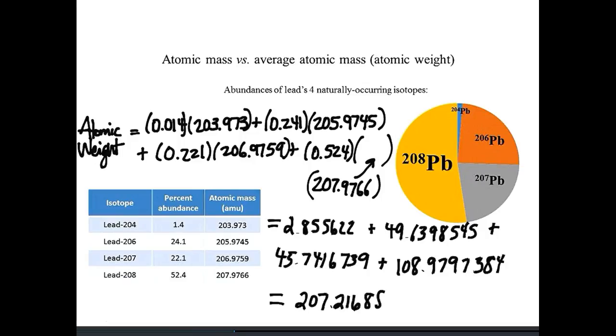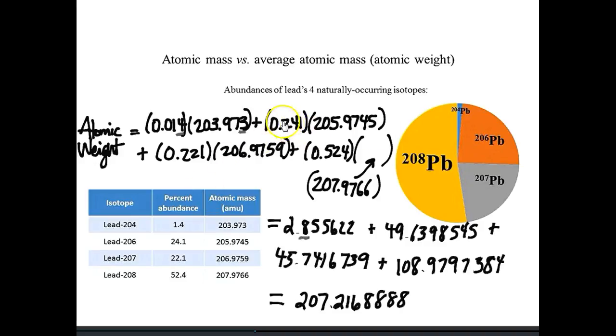But remember, I like to write down the intermediate numbers so that sig figs are easier to calculate. So let's go ahead and figure out sig figs. The 0.014 has 2, 203.973 has 6. So this intermediate product here, 2.8, is only accurate to 1 digit after the decimal, 2 sig figs because of the 0.014.